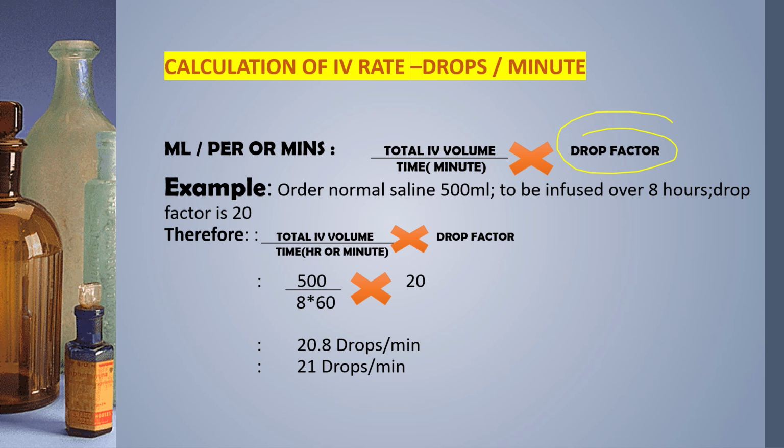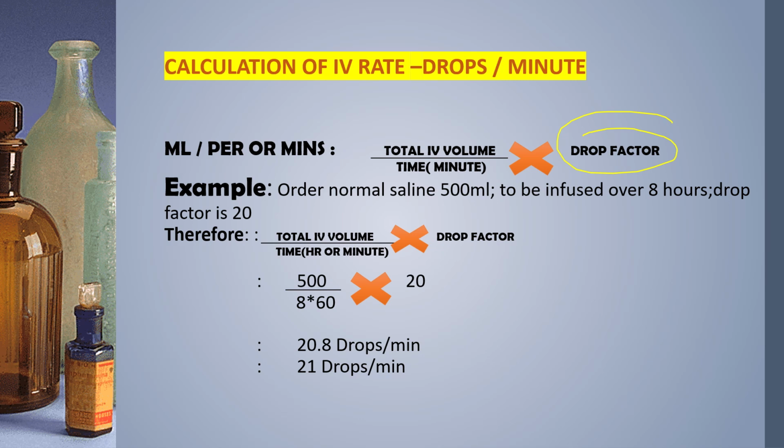So the calculation will remain the same. Total IV volume by the time, this time you will convert it into minutes, into the drop factor, which will be given to you as 20, depending upon the set that you're using. If you're using a normal set, it will be 20.